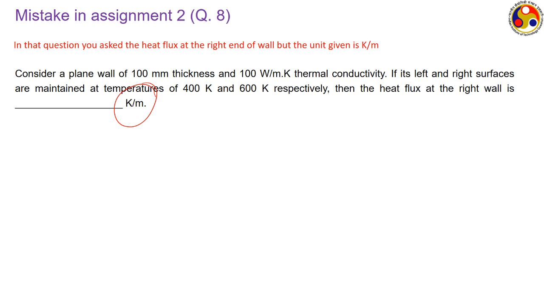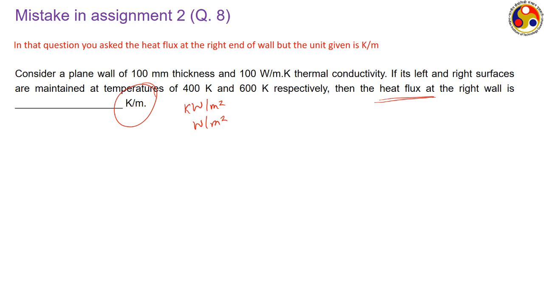In fact, while typing initially I thought about asking for the temperature gradient and typed accordingly, then I changed the temperature gradient to heat flux, but forgot to change this particular unit. The correct question should have been in terms of heat flux, and in that case the unit should be whatever standard we use, that is kilowatt per meter square or just watt per meter square.